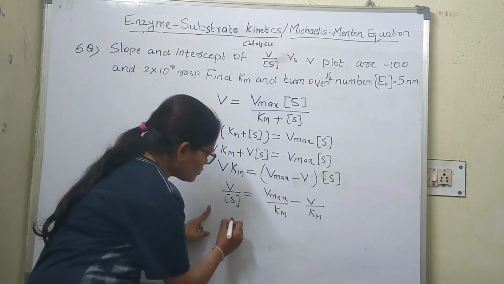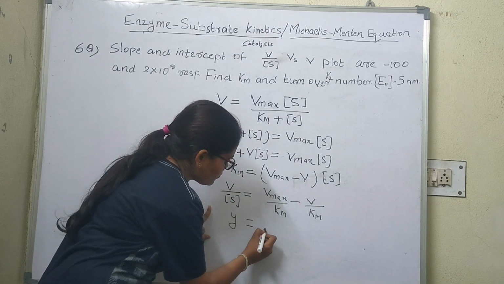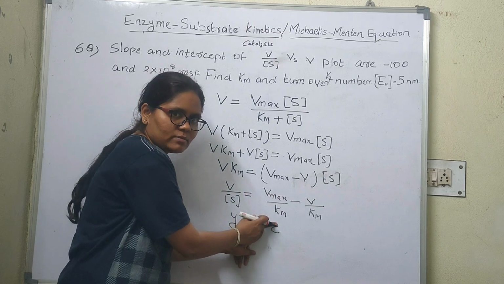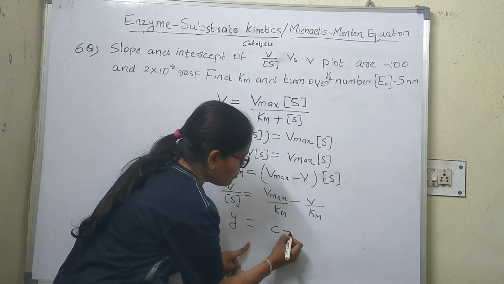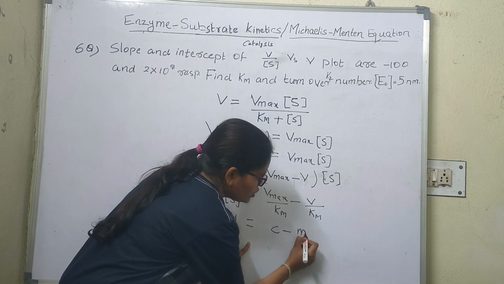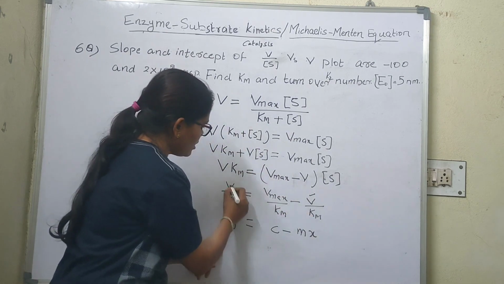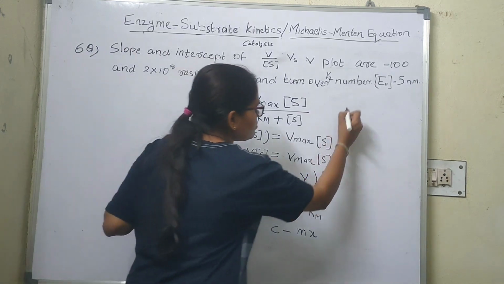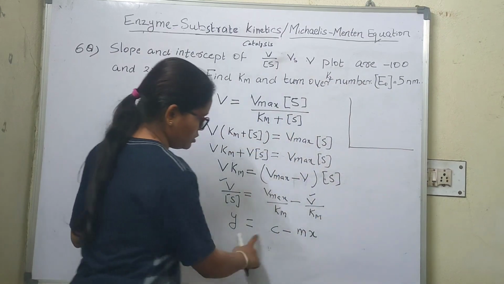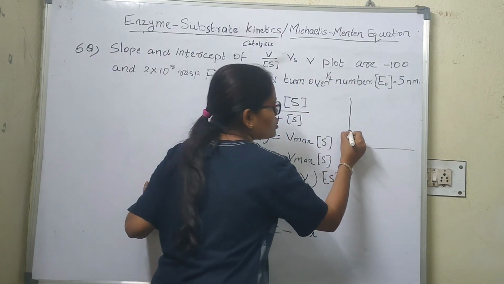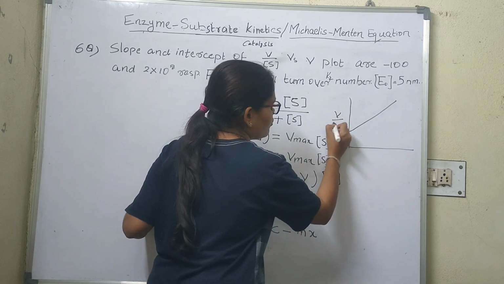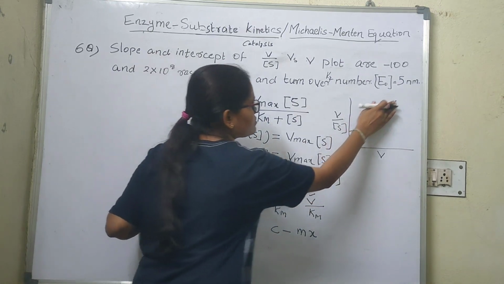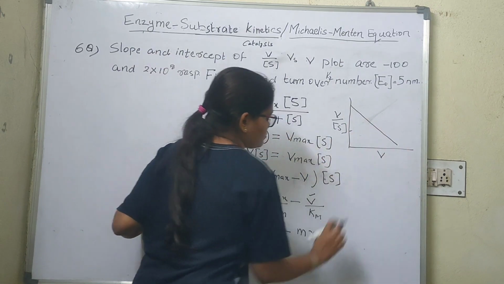So this equation is of the form Y is equal to a constant minus M into X, because V max is a constant and Km is a constant. Here X is V. Now we can draw a plot between V by S versus V. The plot is a straight line with a negative slope.